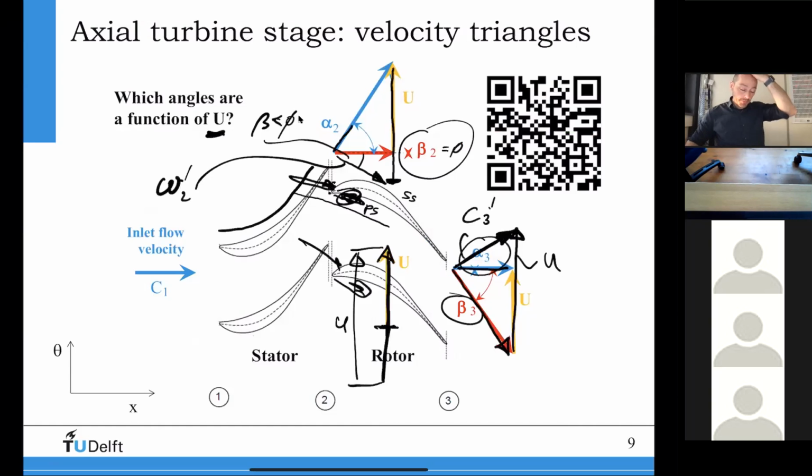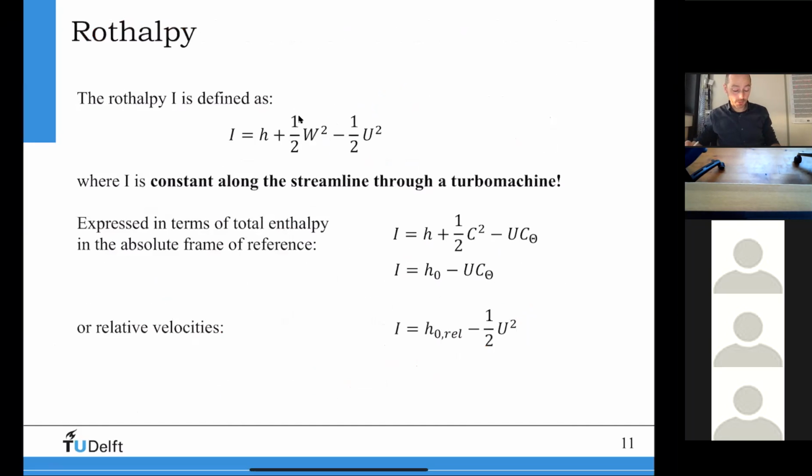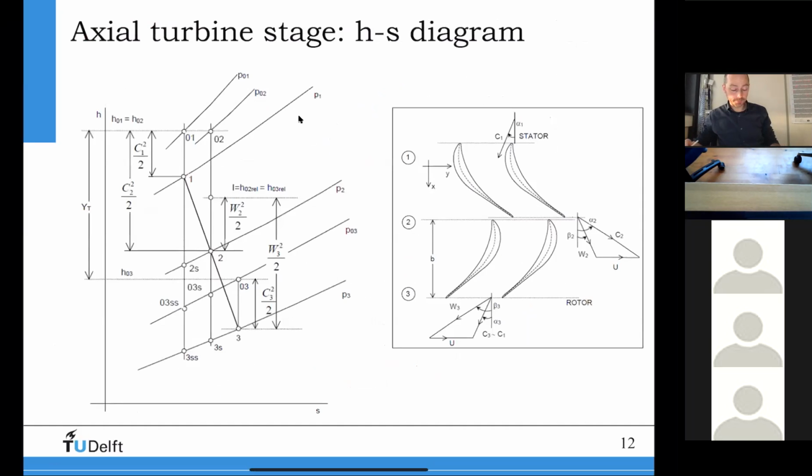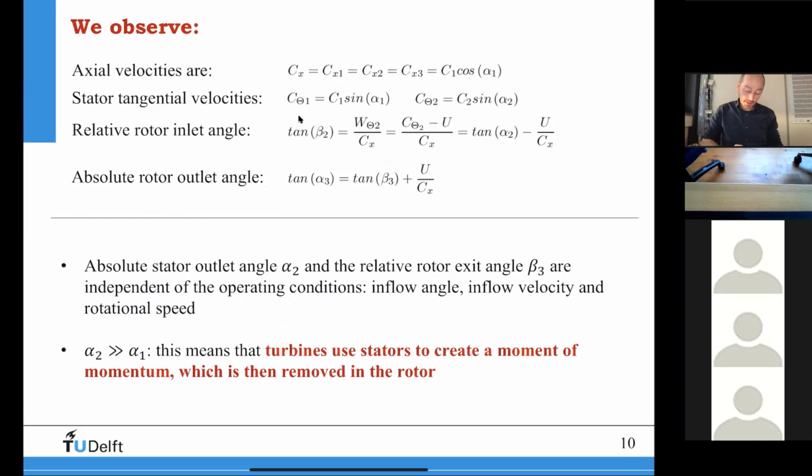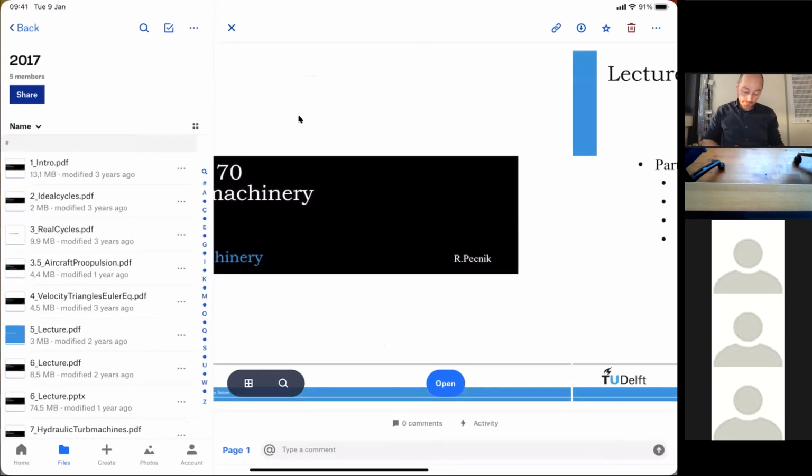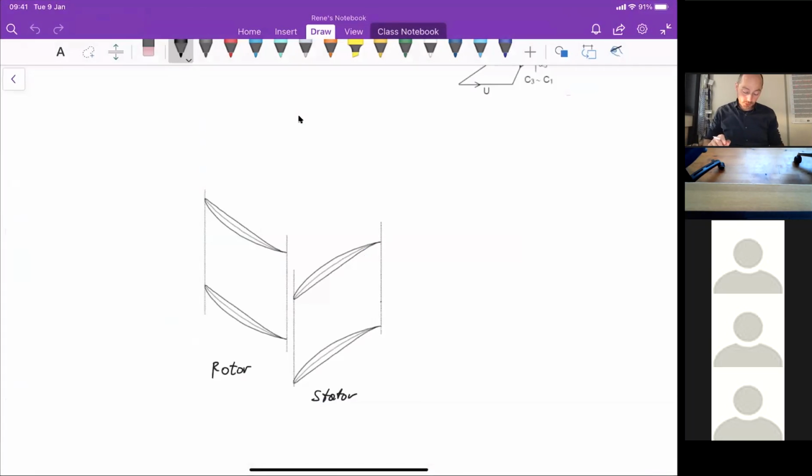Now, I promised you before, so I was saying that it's weird. You see the velocity C1 is the same as velocity C3, but still I will be able to actually get some work out of the turbine. How do I do that? And the way to do that is the following. Let me go to this one here.